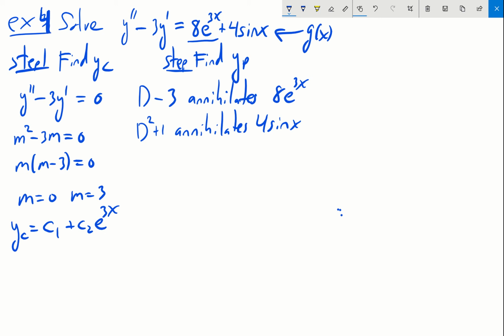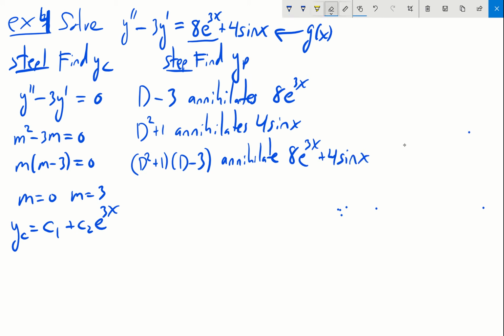The property with differential annihilators is that if these two operators annihilate each of these individually, then the product operator, D squared plus 1 times D minus 3, will annihilate g of x. So that will annihilate 8e to the 3x plus 4 sine x.